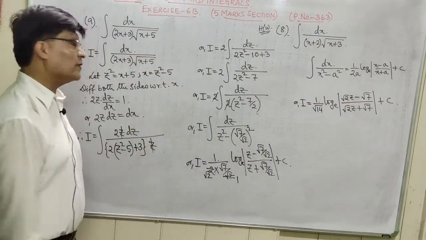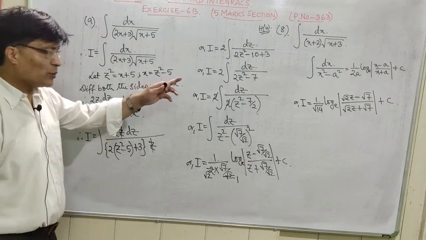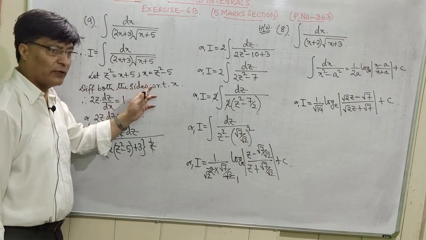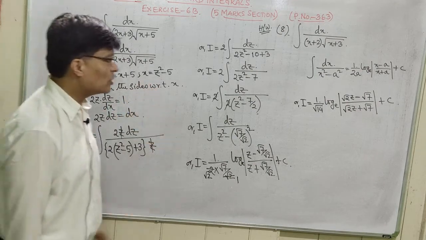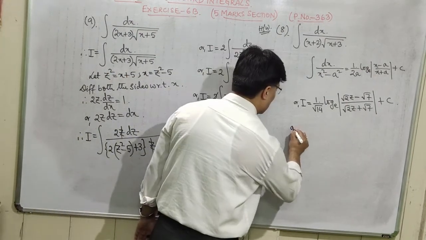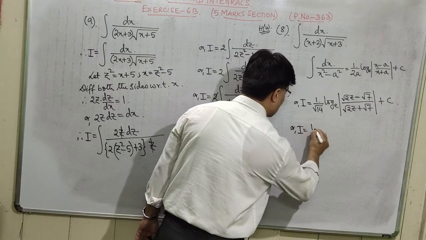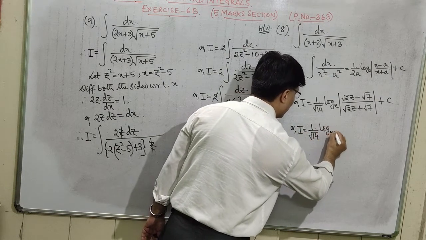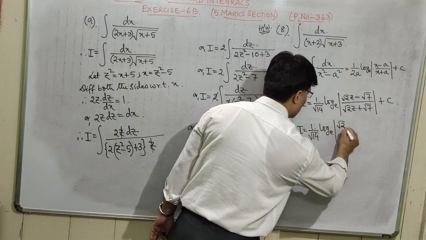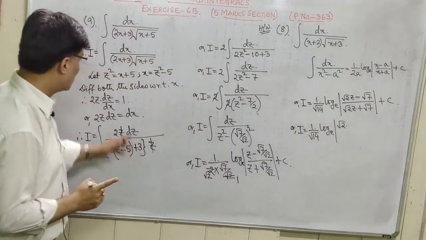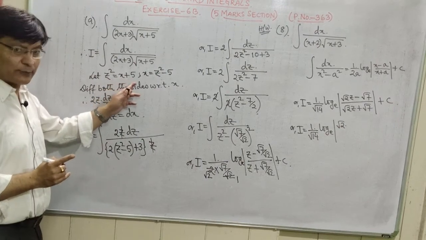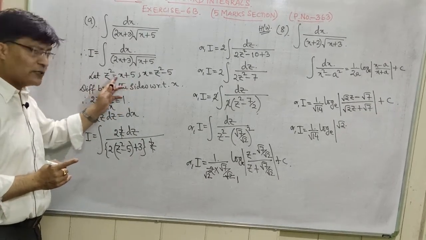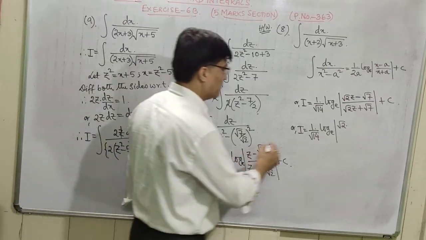So let us put the value for z. What is z actually? Here we had assumed z square is equal to x plus 5. So what is the value for z? It is root under x plus 5. So I is equal to 1 by root 14, log base e within mod, root 2 into, what is z actually? It is root over x plus 5, because z square is equal to x plus 5.